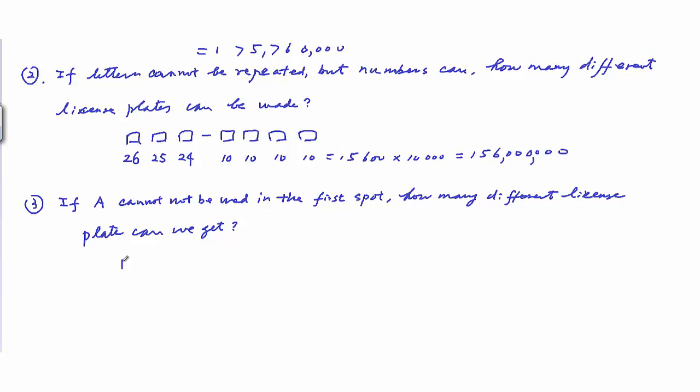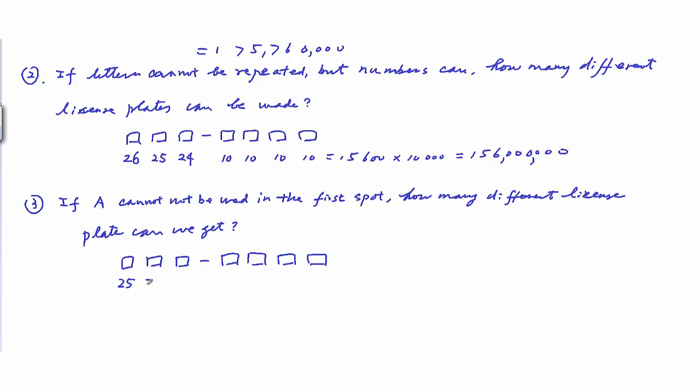You have 7 spots to be filled with letters and digits. For this one, because A cannot be used, you have only 25 options to complete the first spot. But then for the second spot, we have no restriction.